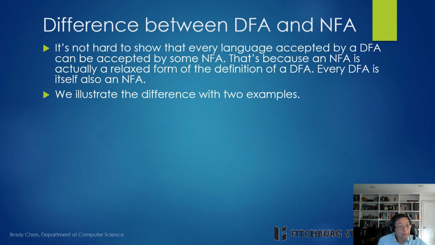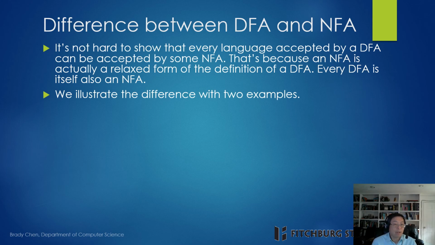We mentioned earlier that the difference between DFA and NFA is the transition function. Now in DFA, for every state and input, the finite automata machine is going to move to a next state, and this next state is uniquely defined by the transition function.